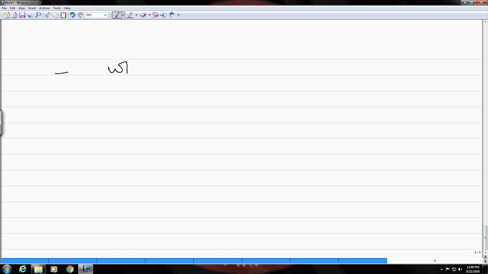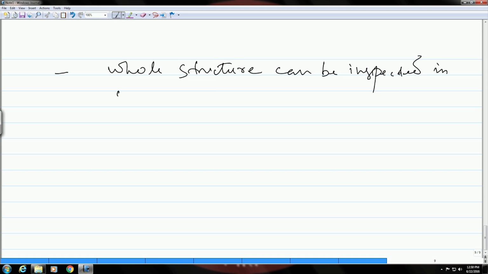The entire structure can be inspected in a single examination, as I would have said before also, and that is how this can save time and cost.